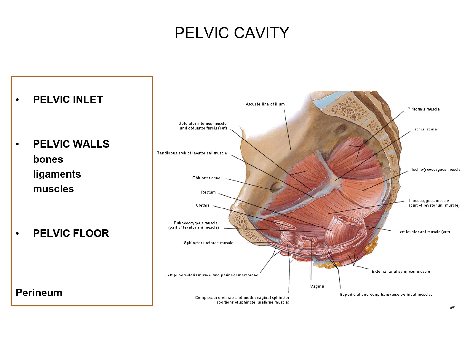The pelvic walls contain bones, ligaments, and muscles. The pelvic cavity continues superiorly with the abdominal cavity and contains elements of the urinary, gastrointestinal, and reproductive systems.